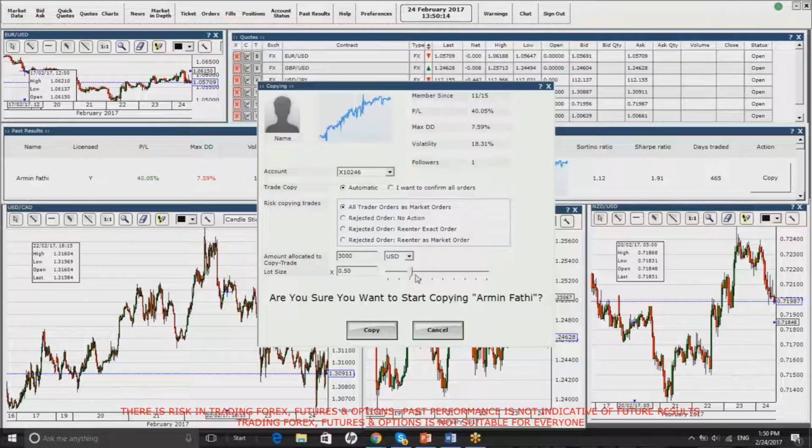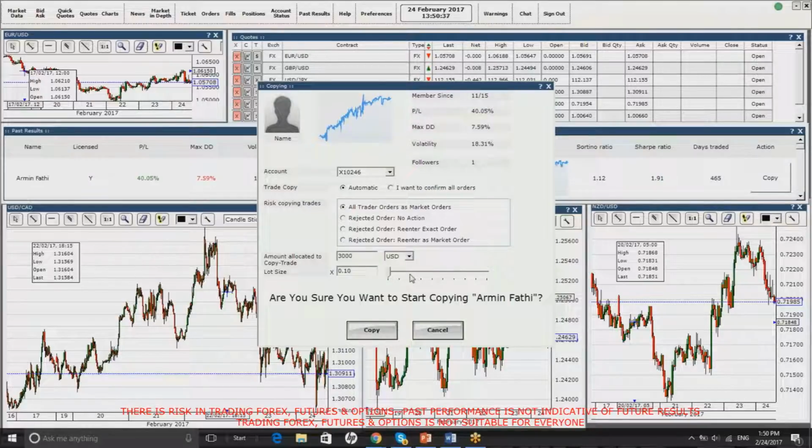Now it's 0.50, or should I say half, 0.25, and 0.10. So we are able to minimize the risk all the way down to 1/10 of the risk that the person we are copying has taken on.